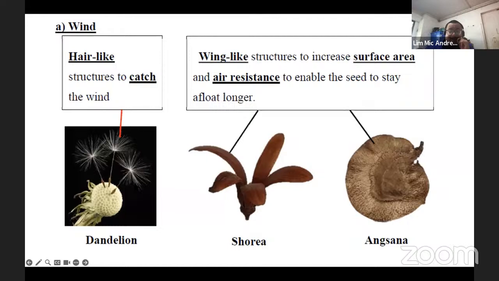It's all hair. So based on the image, I must use a hair-like structure to catch the wind. However, if the question paper gives me an angsana seed, then I use a wing-like structure. Depending on which image you see, it's either hair-like or wing-like.